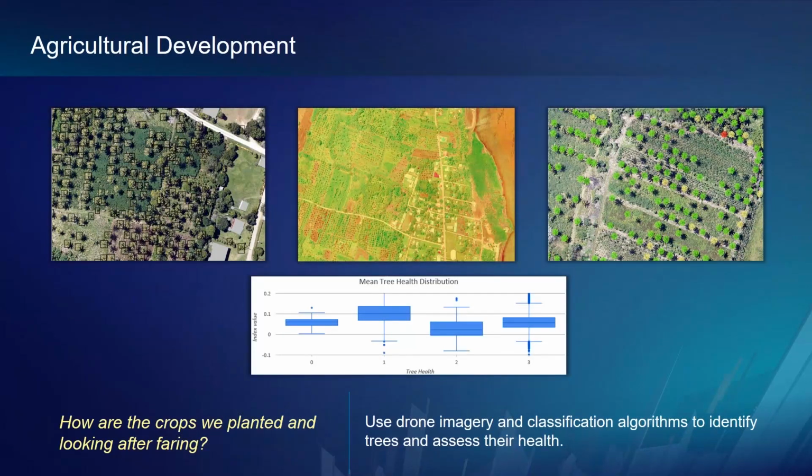So the last use case that I wanted to show before we get into a demonstration of some of these tools is this instance of looking at an agricultural development use case. Here we have high resolution aerial imagery that looks at a coconut grove.